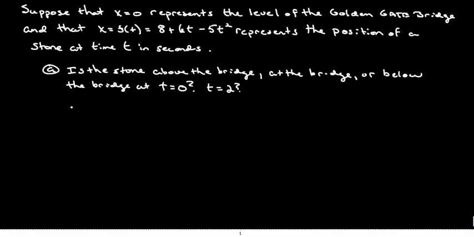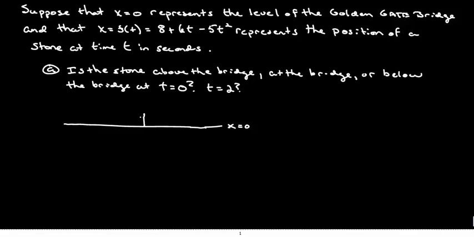So at t equals 0, if you just think about the setup of this, we have our bridge. That's a horrible drawing of the bridge. Here's the bridge. This is a flat line, and of course we've got those steel beams and stuff up top. Now, this is at a height of x equals 0.